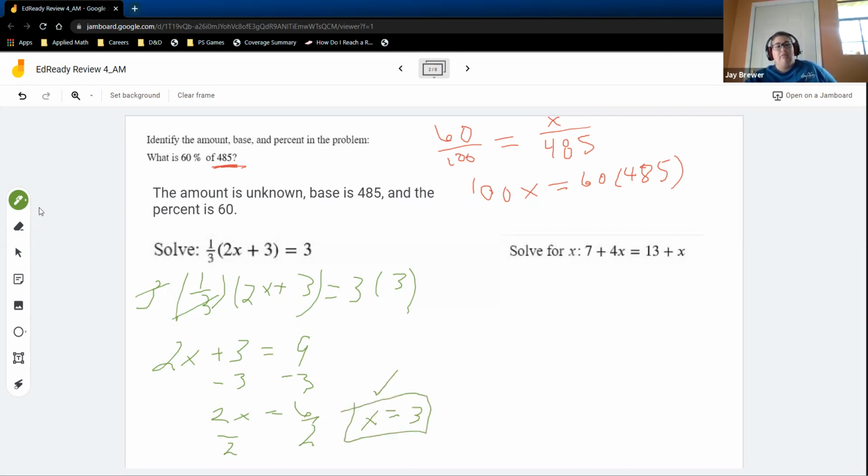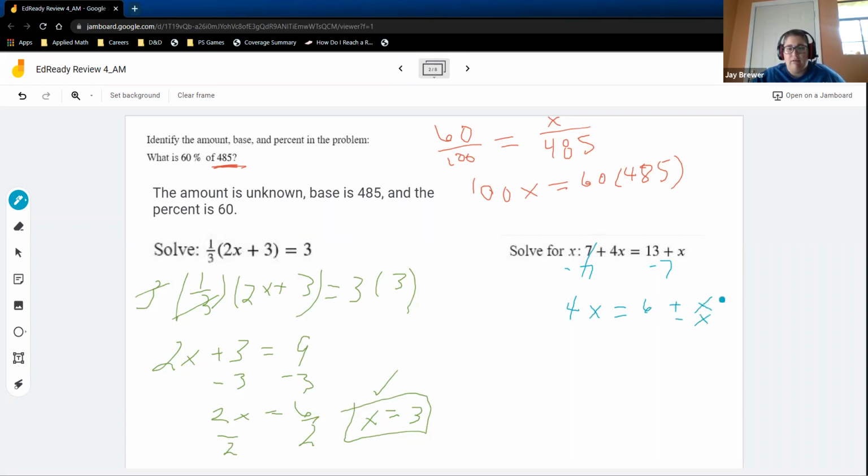Okay. All right, for this other one, I'm going to solve for x. So actually x's on both sides, so you're going to bring them to the same side. So I'm going to do minus 7 on both sides. It's going to leave me with a 4x equals 6 plus x.